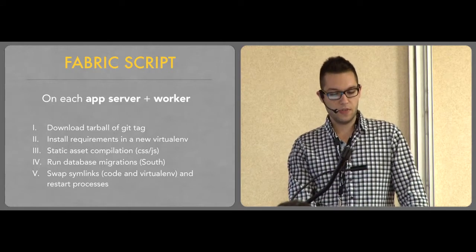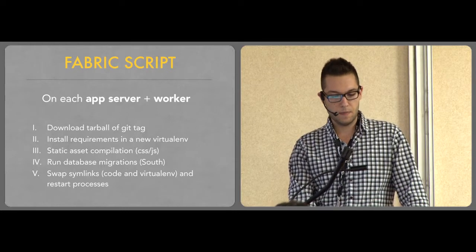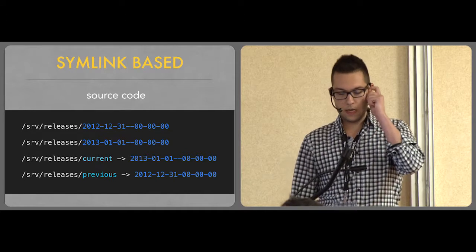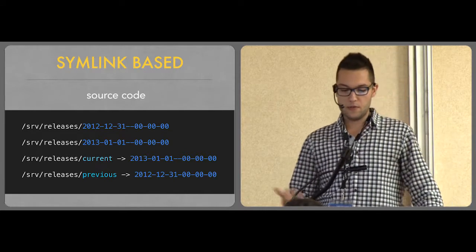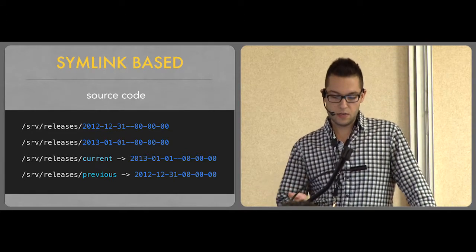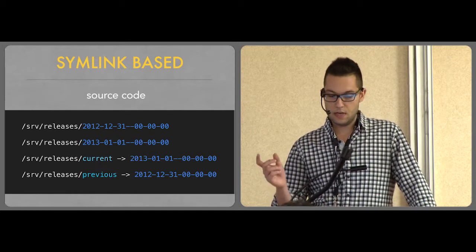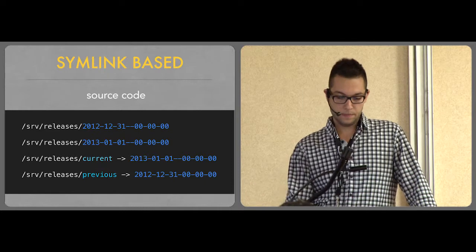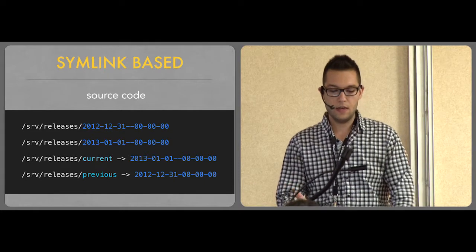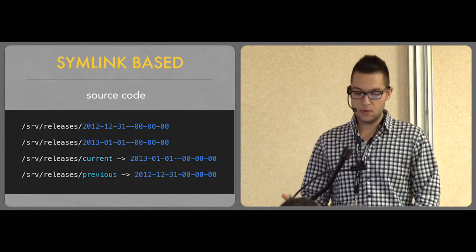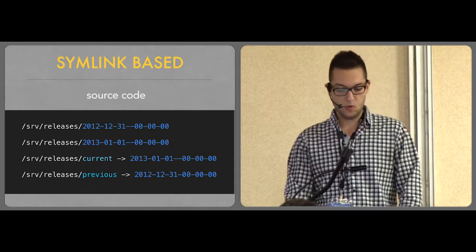If you're not familiar with a symlink-based structure, it's a pretty good practice. What it looks like on the server, for the source code at least, is let's say you have all of your releases under /srv/releases/ a timestamp. Then you would have a current symlink pointing to your current deploy, and a previous pointing to the previous, just in case you need to roll back.